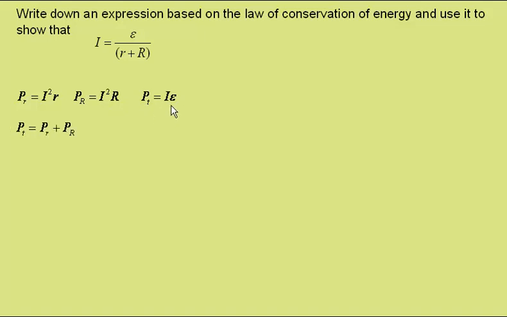So in terms of the law of conservation of energy, the total power must be equal to the power in the internal resistance plus the power in the external resistance. And if I substitute for the other expressions, I get this. I can cancel throughout by I to get this expression, which can then be rearranged to give the required expression from here.